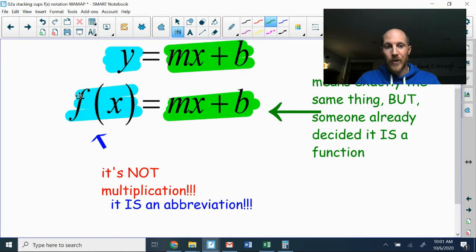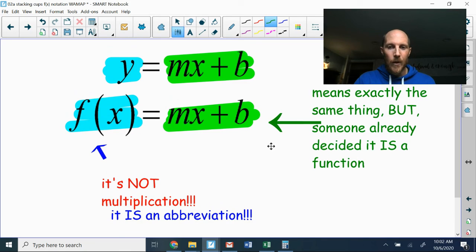It's an abbreviation. It stands for function, and the x, or whatever number is inside the parentheses, represents the input. I know that's weird. Why do we have a rule that this means multiplication, except it doesn't? I can't answer that. I don't know. But this is the only time where you write two letters next to one another, and it does not mean multiplication.